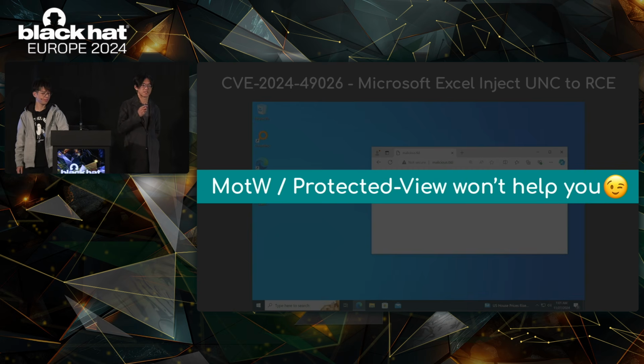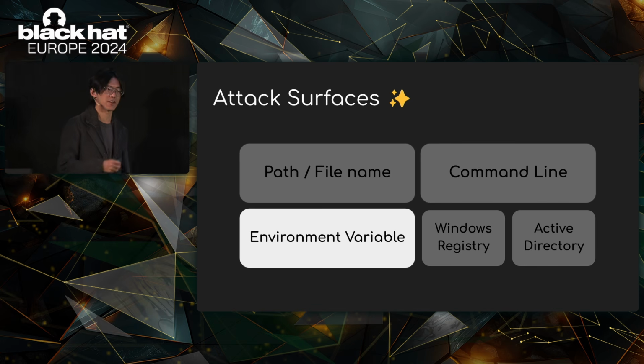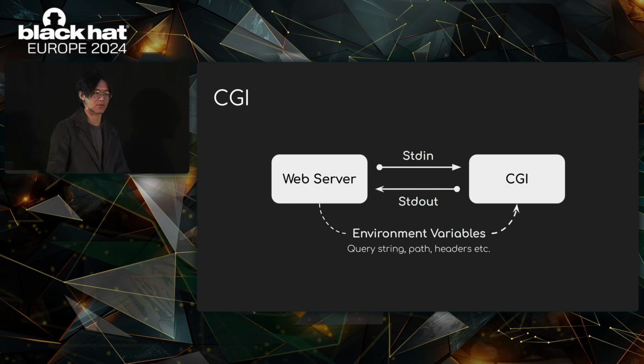So our final attack is environment variables. When we talk about environment variables, the first thing that pops into my mind is the CGI program, since CGI programs use a lot of environment variables to transmit data like query string, path, or HTTP headers.